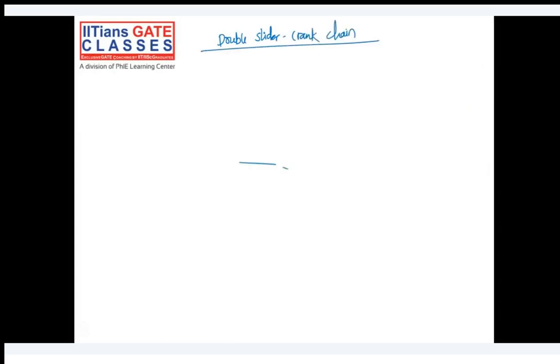Okay. The second inversion is the Scotch yoke, which is a function generator used to generate sine and cosine functions, or a harmonic function generator. And the third inversion is whenever you are fixing the third link, which is the link joining the two pistons or the two sliders.